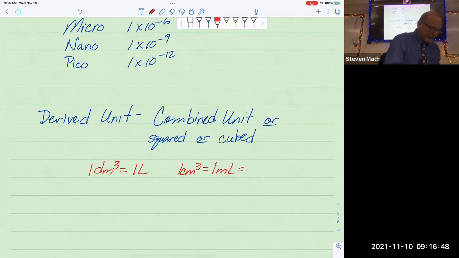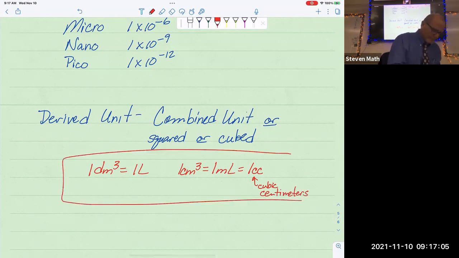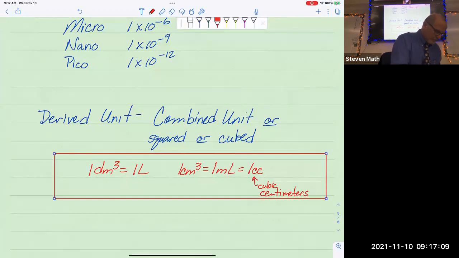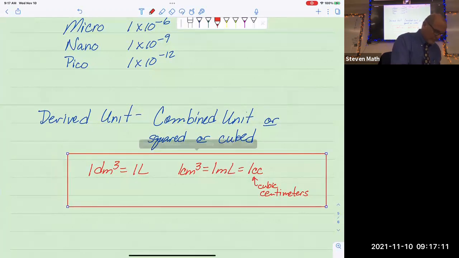And for the doctor folks out there, they call them cc's, cubic centimeters. Memorize those. They're nice to have.